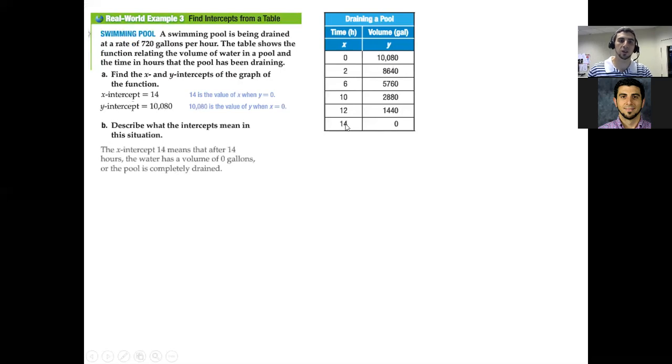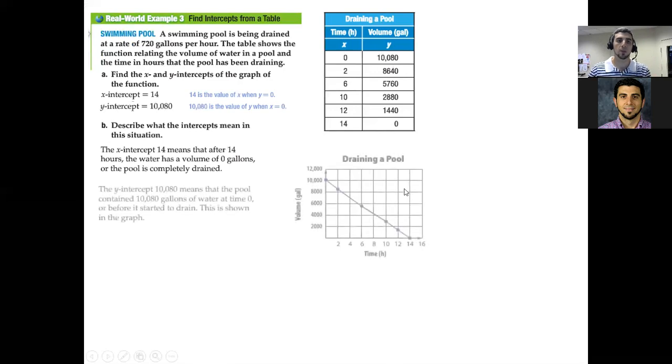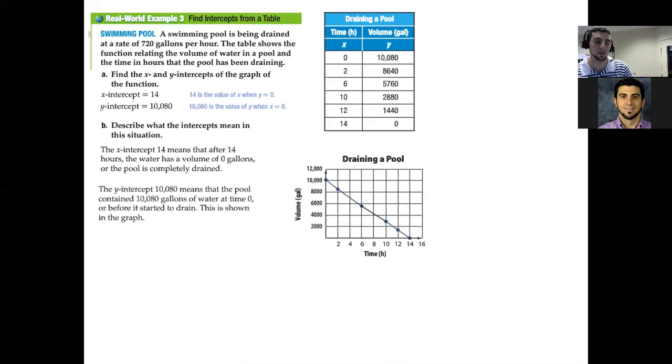The intercept of 14 means that after 14 hours, the pool has a volume of 0 gallons, or basically the pool is completely drained. The y-intercept 10,080 means the pool contains 10,080 gallons of water at time 0 before it started to drain. In other words, when the pool was full, there was 10,080 gallons of water in the pool.